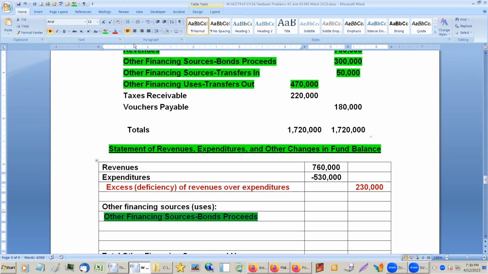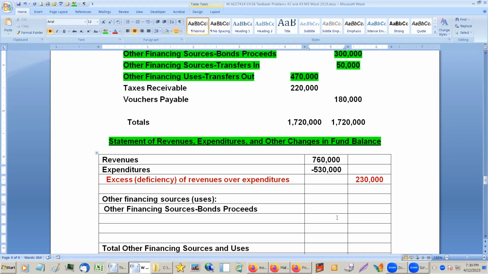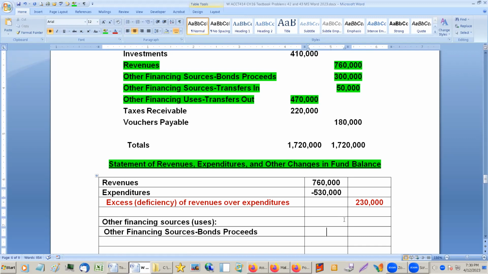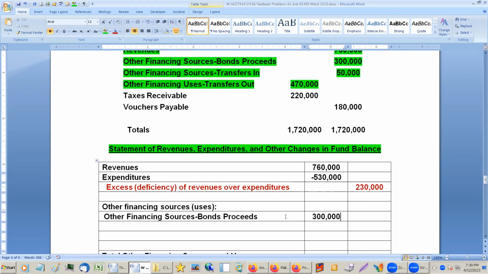Just going to need that green in there. What is that? 300,000. So he sold bonds, 300,000. Notice how wacky that is. This is a long-term liability, and it's showing up basically on our income statement.